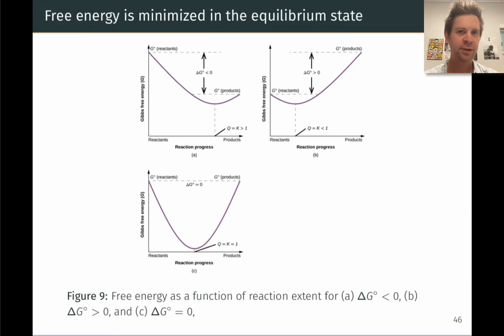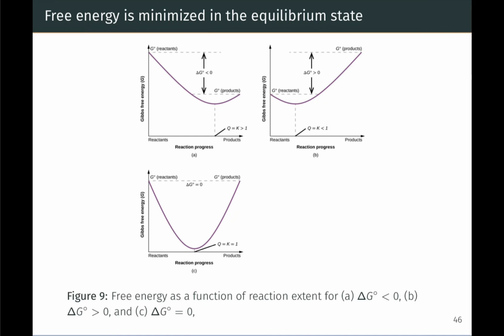One insight that the connection between thermodynamics and equilibrium gives us is that as a reaction proceeds, as the value of Q, the reaction quotient, changes, as reactants are converted to products, for example, or products are converted to reactants, free energy changes. The free energy of the system changes, and the free energy of a chemical system in the equilibrium state is at a minimum.